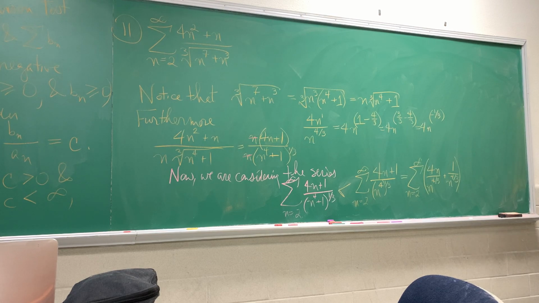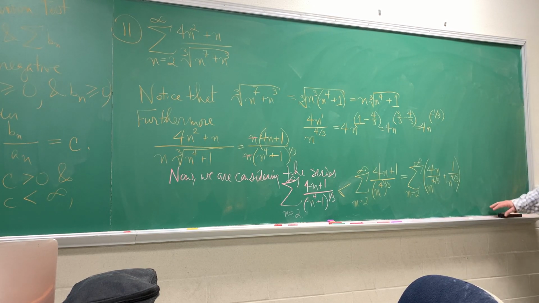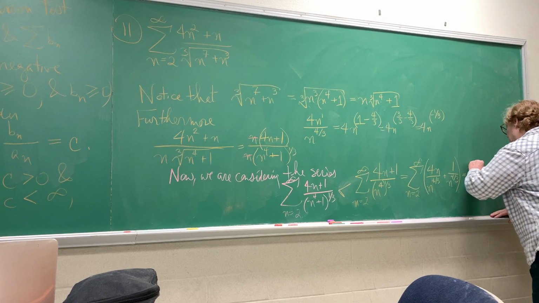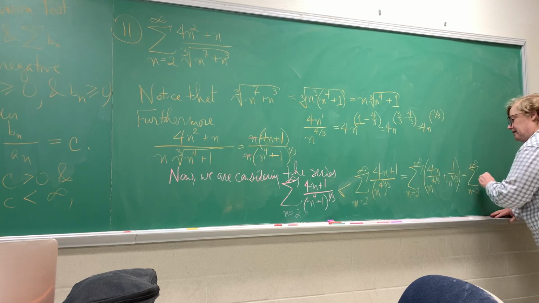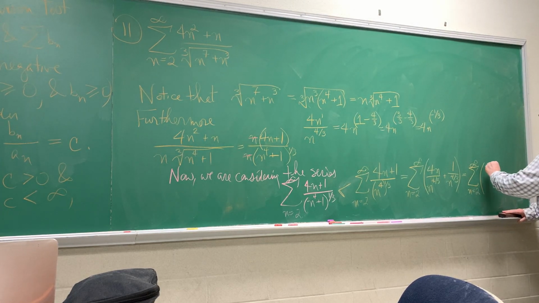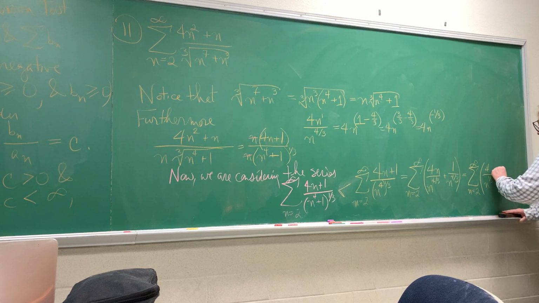Good. And I'm gonna drop it back into the denominator. So we have the sum from n equals 2 to infinity of 4 over n to the 1/3 plus 1 over n to the 4/3.